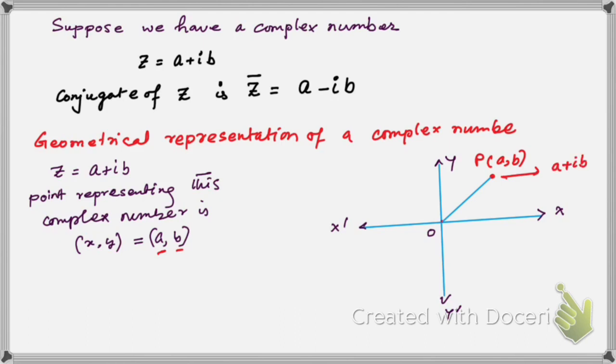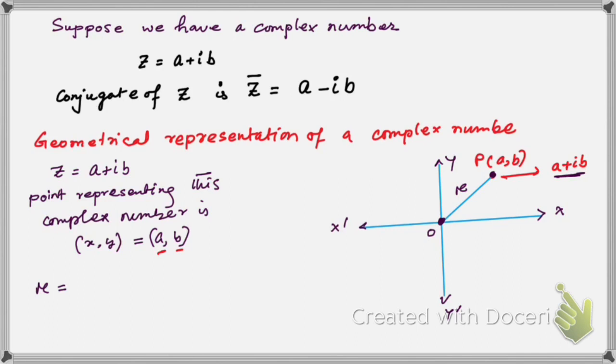In that case, the length of this line connecting the origin and the point representing this complex number is called the modulus. This r is called the modulus of this complex number.